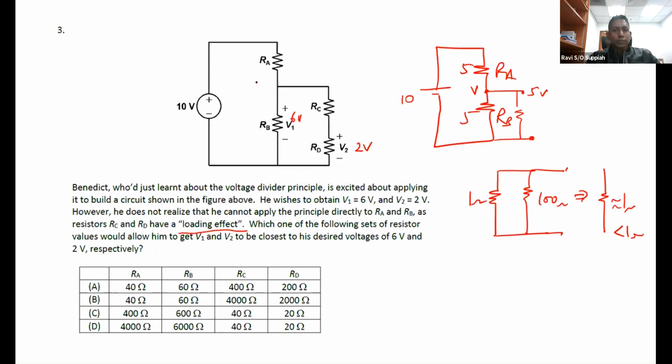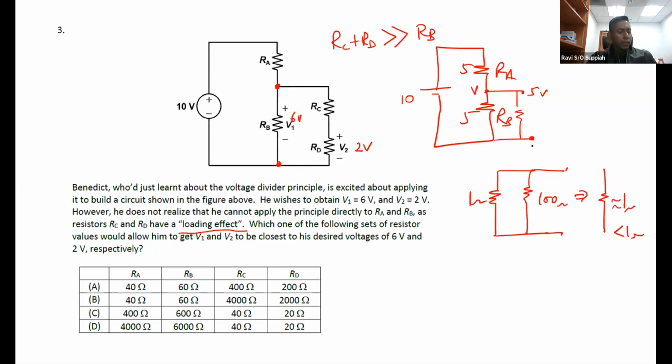if I look here, in order for me to make sure that the voltage at this point is going to hold on to its value, regardless of RC and RD, that means the value of RC added with RD must be much greater than RB alone.